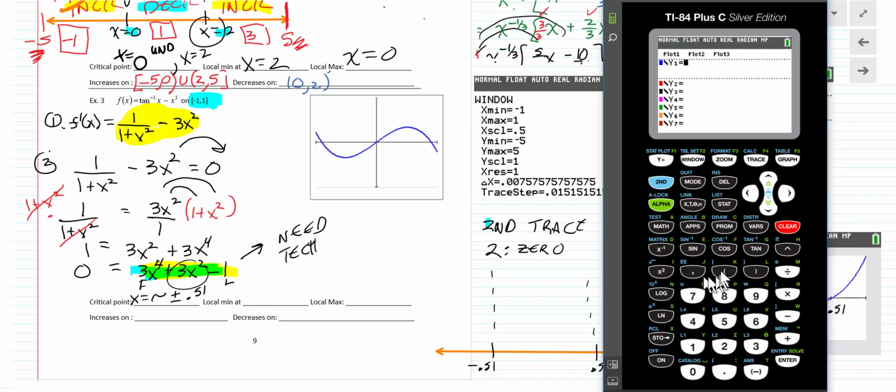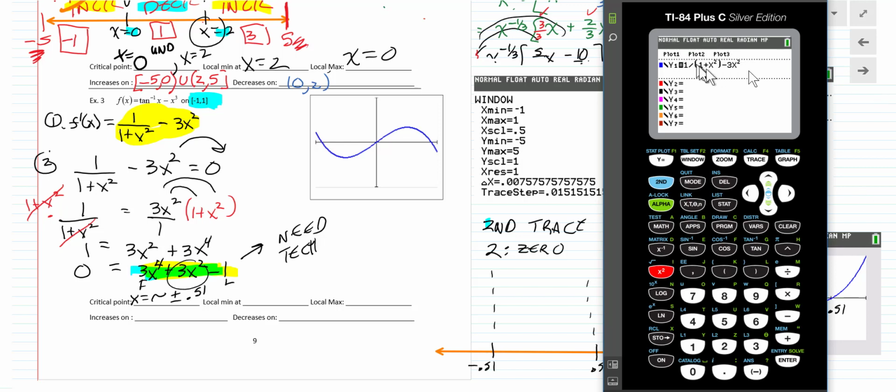Okay, we could go through and we could graph 1 over parentheses and then 1 plus x to the second, okay, like this, and then minus 3x to the second. So if you ever get into a crunch on your homework, I don't want you to do this on every problem, but if you want to graph your derivative, you can get your sign chart by doing that.